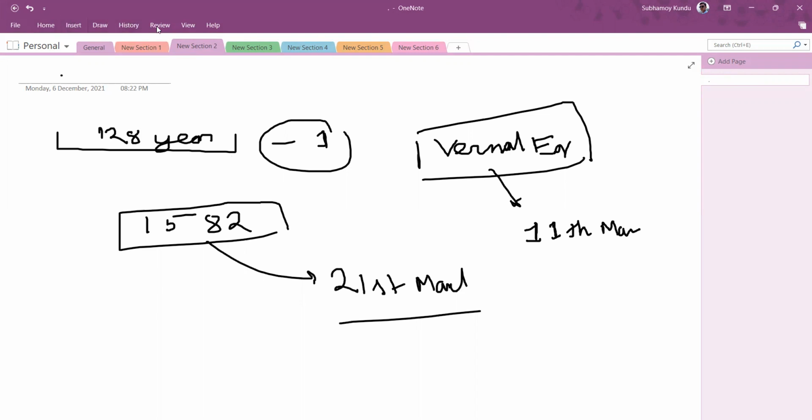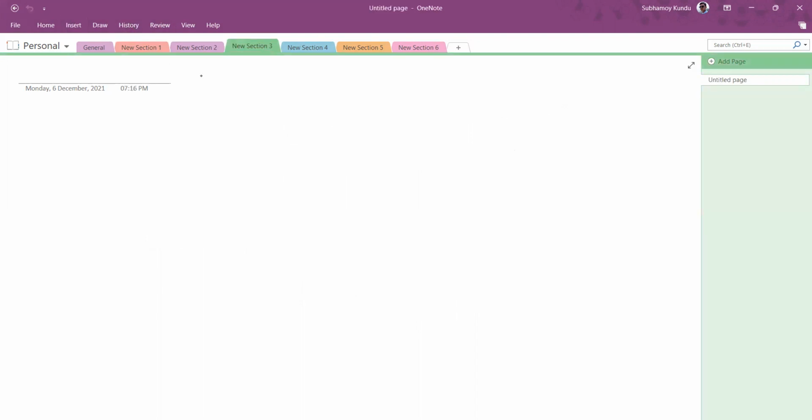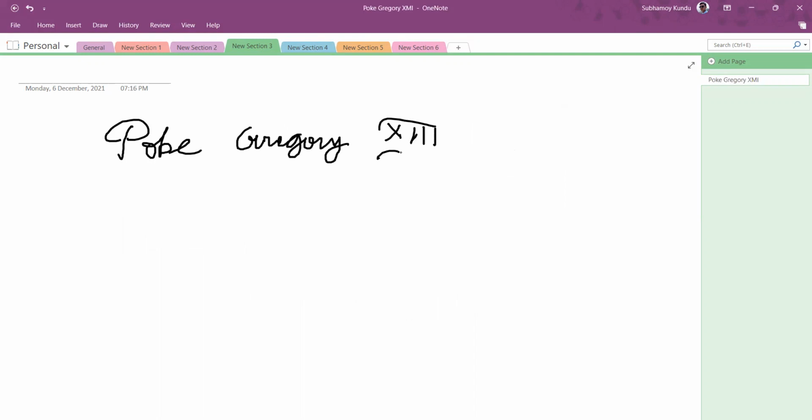To rectify this error, Pope Gregory the 13th did this: in October, after 4th October, the 5th, 6th and so on just vanished.